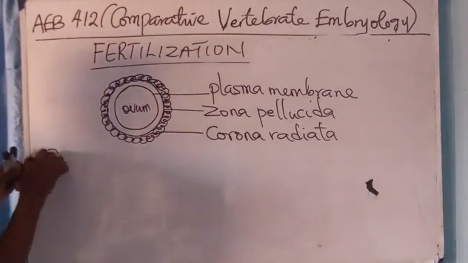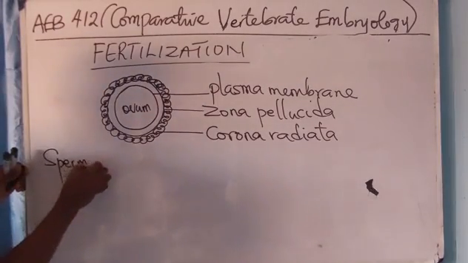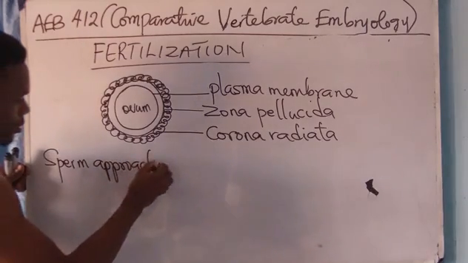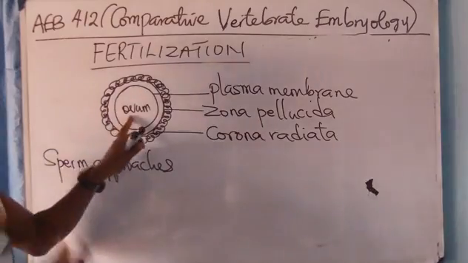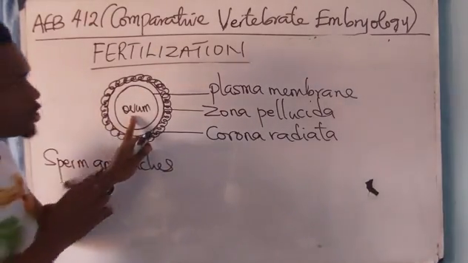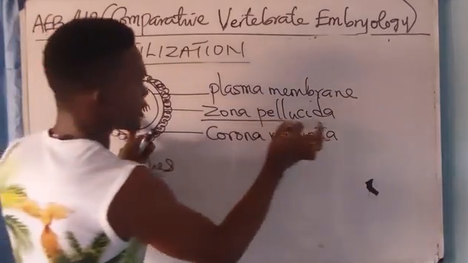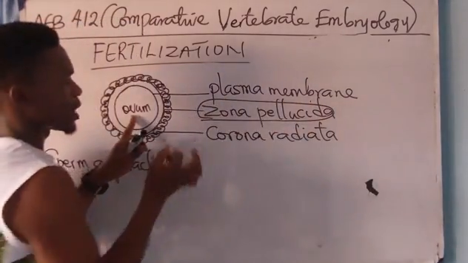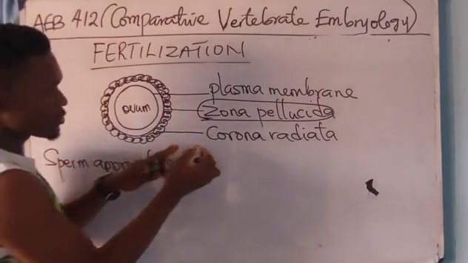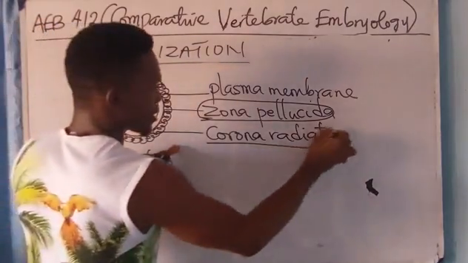Now, as soon as the sperm approaches the egg, another name for ovum is what? Egg. What is it going to do? It will render this zona pellucida weak. As soon as it renders it weak, of course the first layer it is going to pass through is the corona radiata.